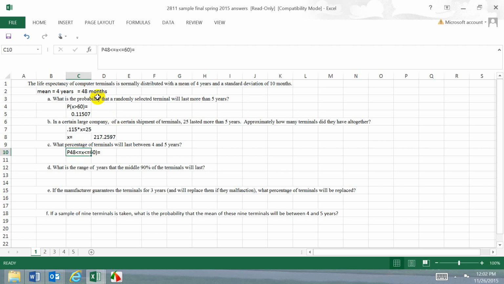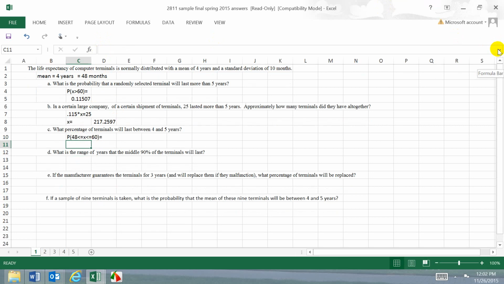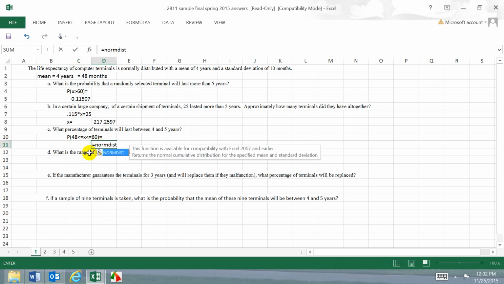All right, let's fix that. So x is between 48 and 60 months. That's going to be equal to norm dist for the higher one. The higher one is 60. Mean is 48. Standard deviation is 10. True.